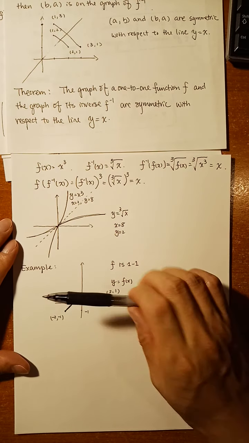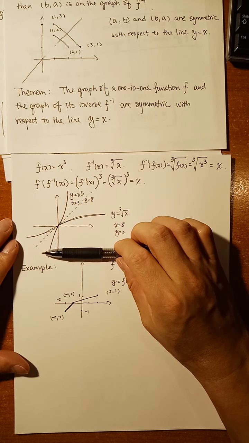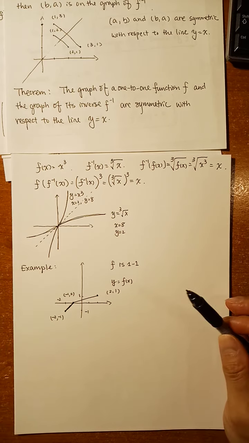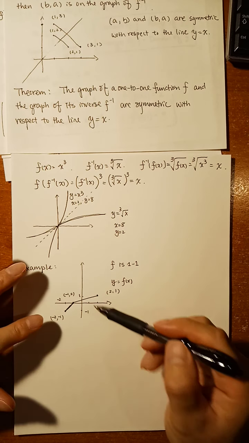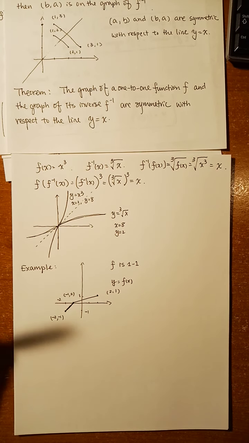If it's between -1 and +1, you will have one intersection point. If it's above 1 or below -1, no intersection point, right? So you will have at most one intersection point.